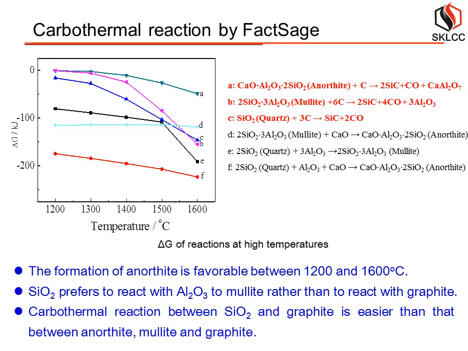The results show that the formation of anorthite is favorable between 1200 and 1600 degrees, and silicon oxide prefers to react with aluminum oxide to form mullite rather than to react with graphite. For different minerals at high temperatures, the carbonate reaction between silicon oxide and graphite is easier than that between anorthite, mullite, and graphite.